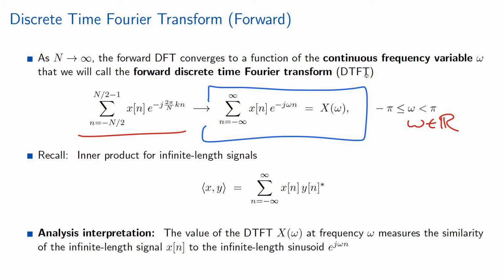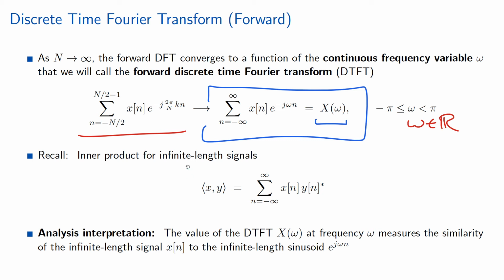The nice thing about this formula is it behaves really just like the forward or the analysis DFT. We have the same interpretation. We just have to be comfortable with thinking about signals as vectors in infinite dimensional spaces. But we can interpret this value X of omega, which equals this formula here. This is nothing other than an inner product, right? This is an inner product between two signals.